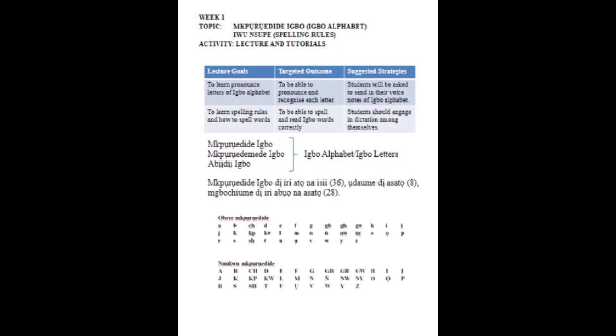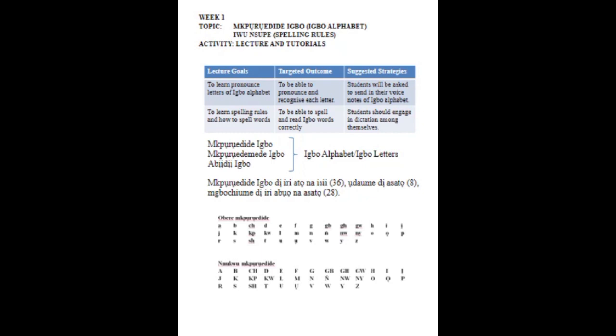Mkpụrụ edide Igbo dị 36. The Igbo alphabet letters are 36 in number. You know, in the alphabets of different languages, not just Igbo, we have vowels and we have consonants. In Igbo, vowels are called Oda Ume.